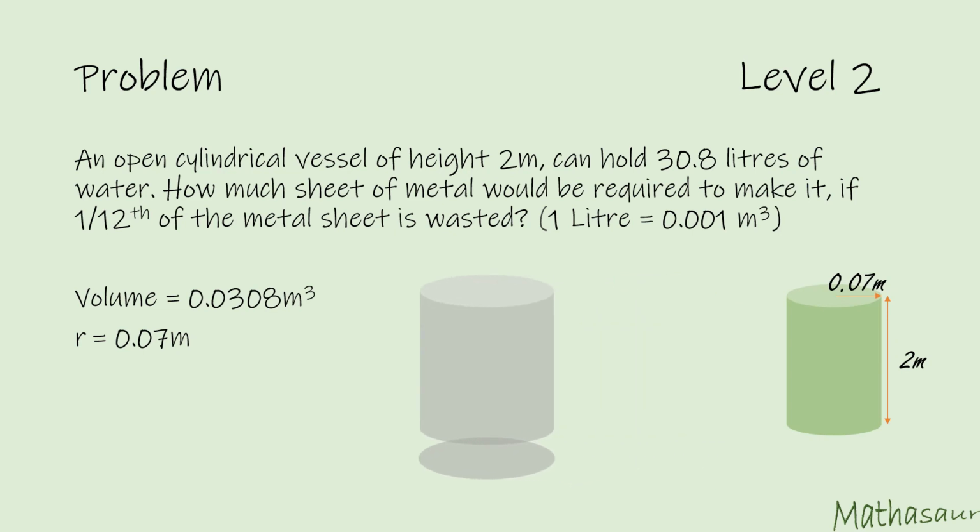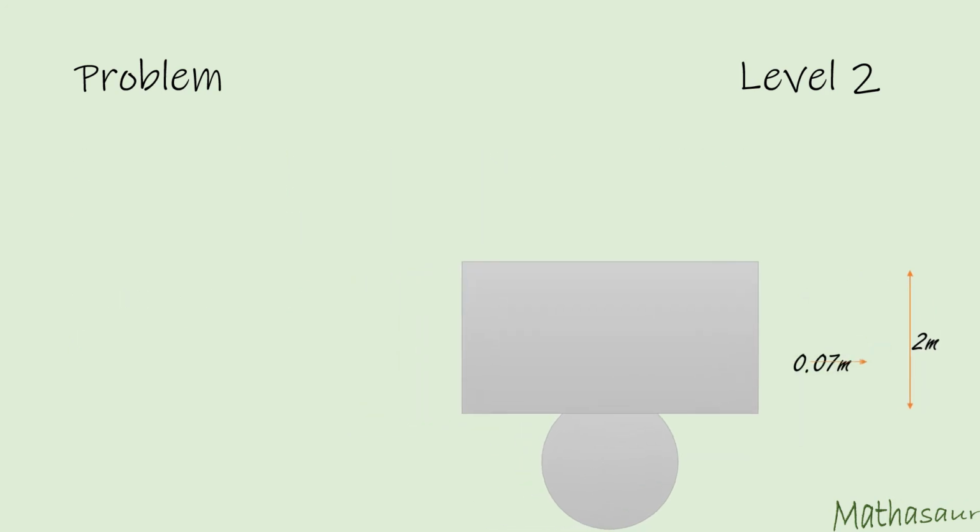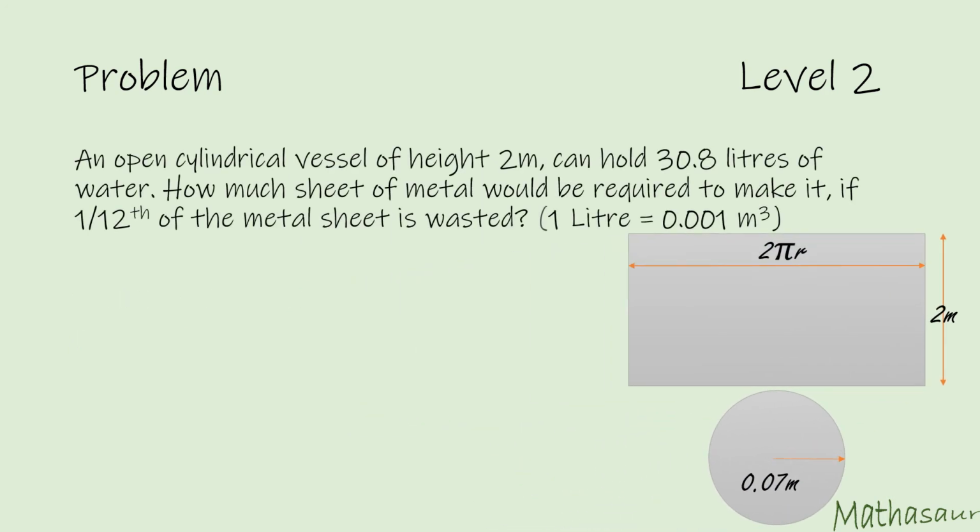When we open the surface area of this vessel, we find out that there is a lateral surface area and there is a base, which is a rectangle and a circle. A rectangle for the lateral surface area and a circle for the base.